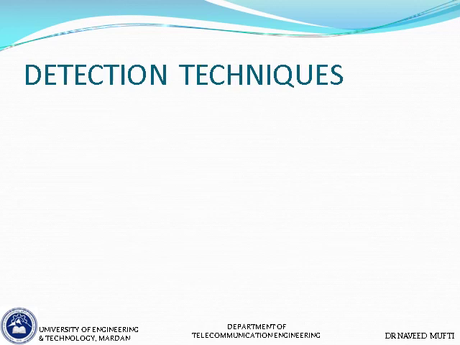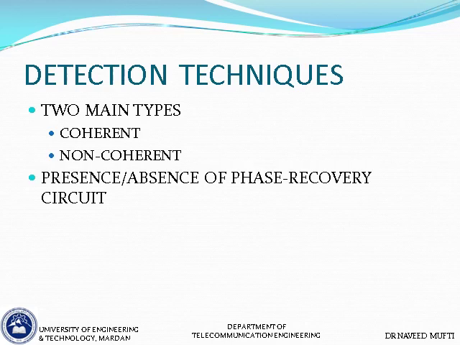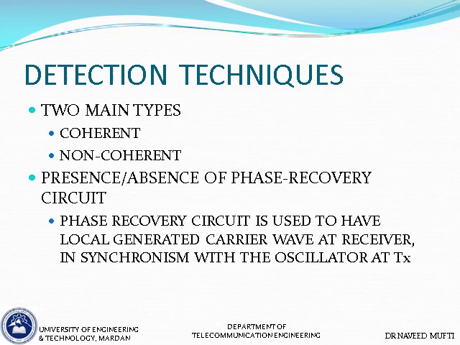Coming over to detection techniques, there are two main types of detection. One is called coherent detection and the other is called non-coherent detection. The primary difference between these two is the presence or the absence of a phase recovery circuit. So what is a phase recovery circuit? A phase recovery circuit is used to have a locally generated carrier wave at the receiver synchronized with the oscillator at the transmitter.